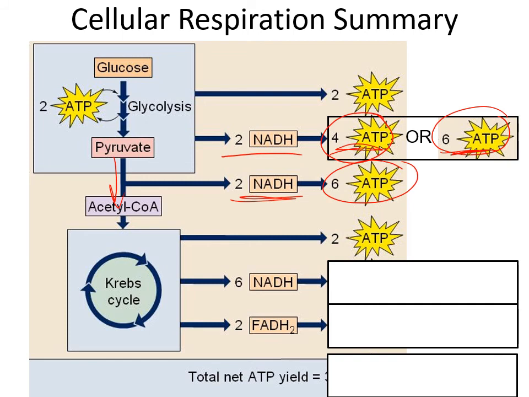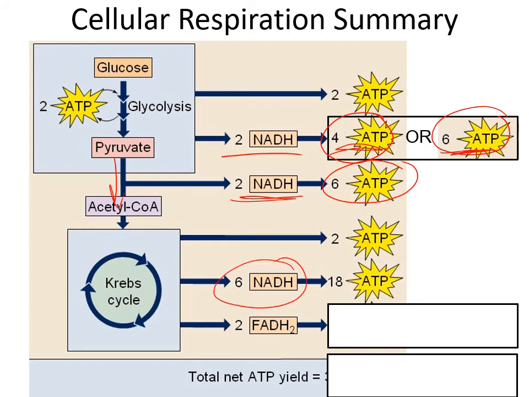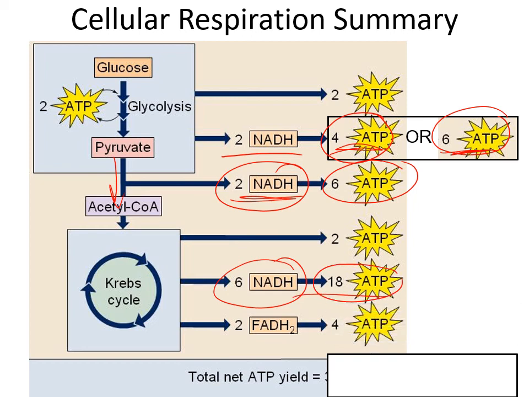The Krebs cycle is going to give us, well, not really directly, it gives us 2 GTPs, which then get made into 2 ATPs, so we get 2 ATPs out of that. The 6 NADH electron carriers, doing the same math we did before, will give us 18 ATPs. The FADH2 that we produced, the 2 that we make in the Krebs cycle, will give us 4 ATPs.